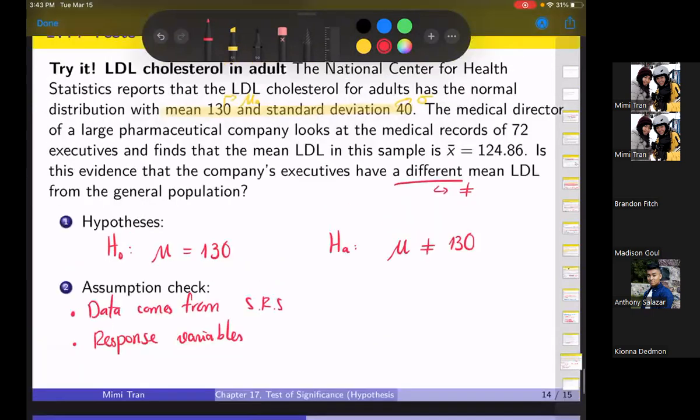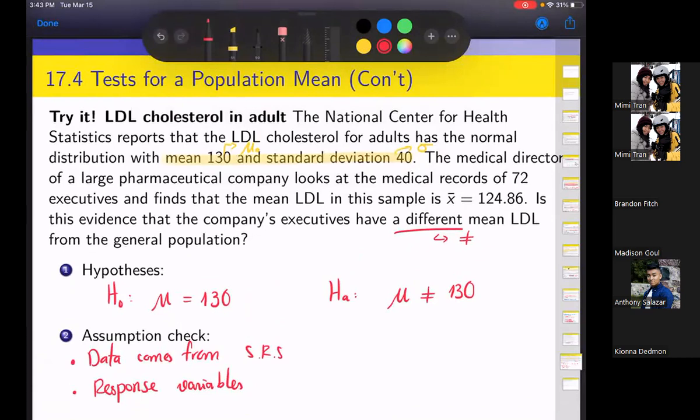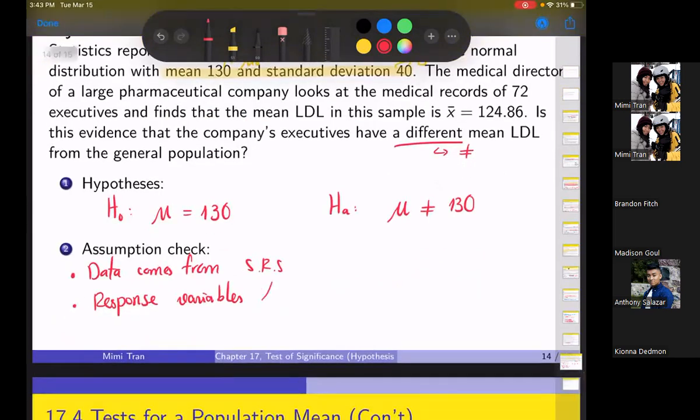What is the response variable in this problem? You just did it in your last exam. Yeah, the LDL cholesterol levels. The LDL variable has a normal distribution.